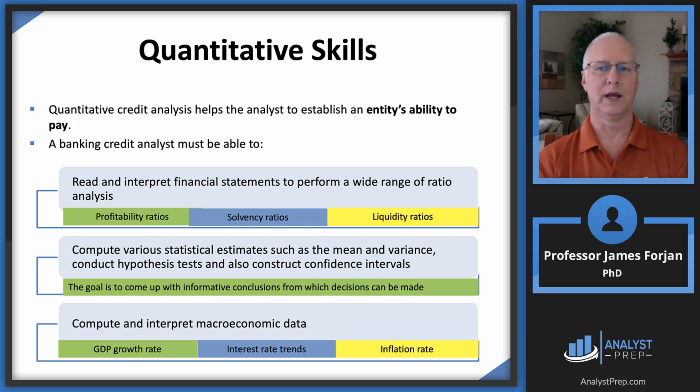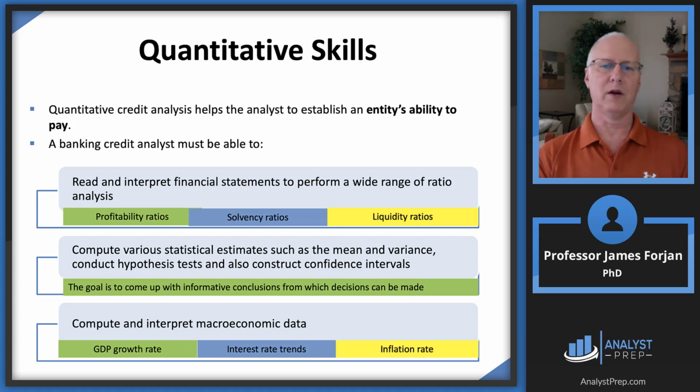Let's start with quantitative skills. I've said this to you many, many times in previous videos, and this is pretty much a theme in many of the chapters, that great risk management skills include identifying the risks, quantifying the risks, and then managing the risks.